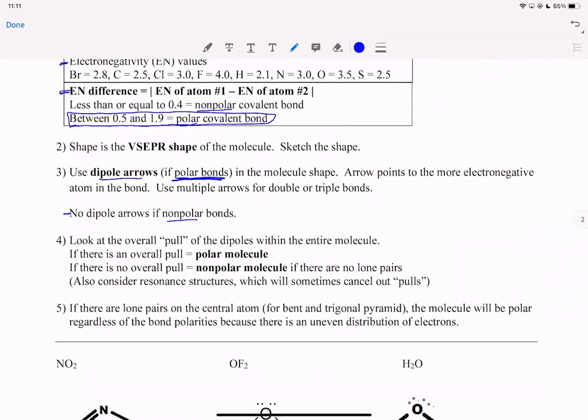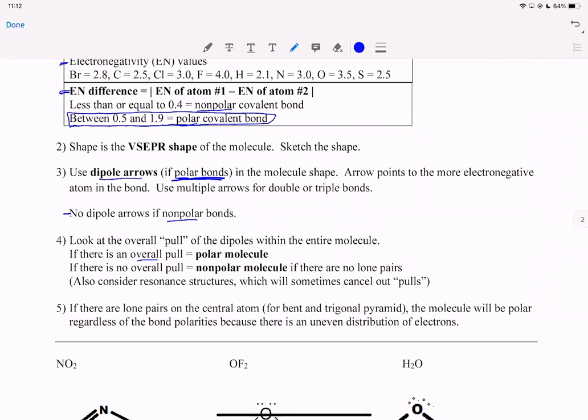When you have the arrows on the shape, you look at all of those arrows in total and think about it like a tug of war. This arrow is going this way, this arrow is going that way. If they're going in exact opposite directions, that's called a pull, an overall pull. The pull will either be overall towards one direction or another, because you can add up the directions of the arrows, or those pulls will cancel out.